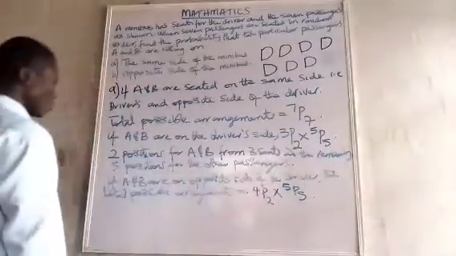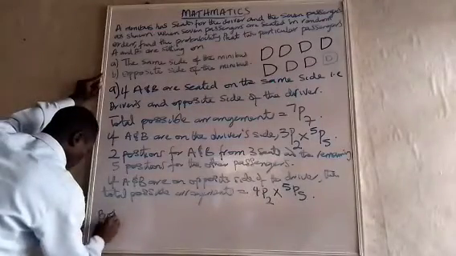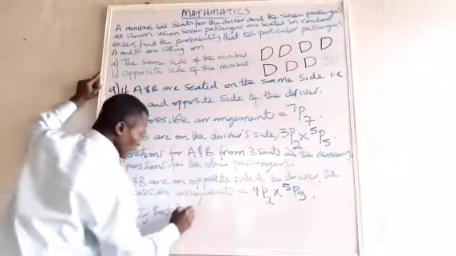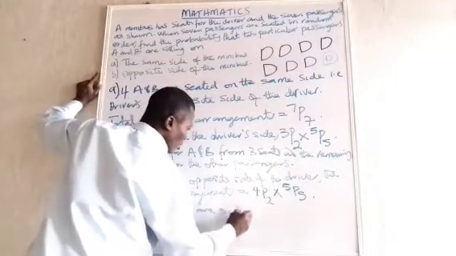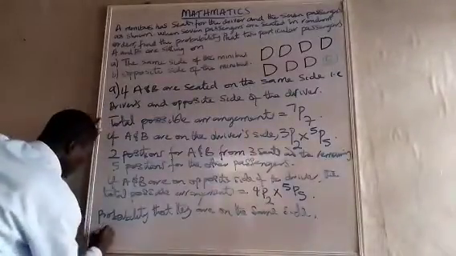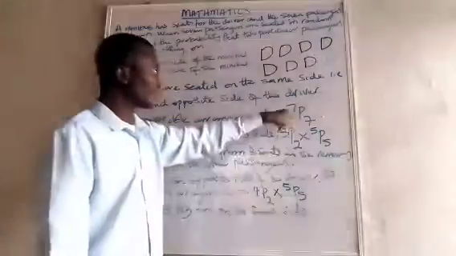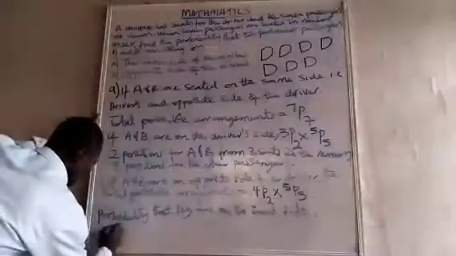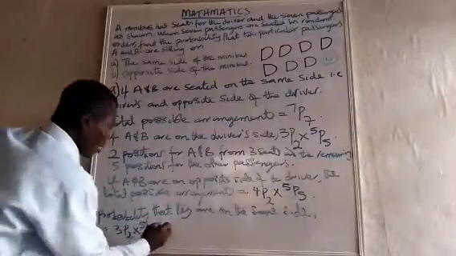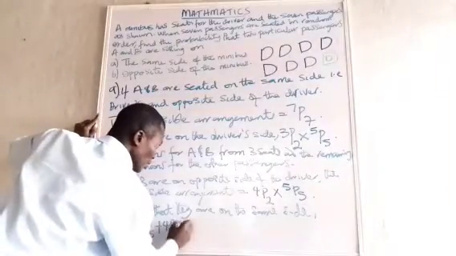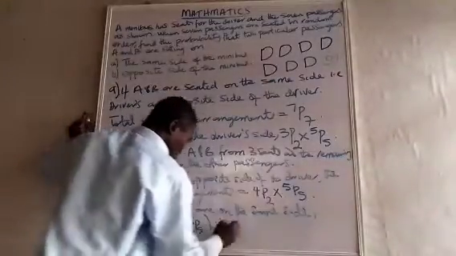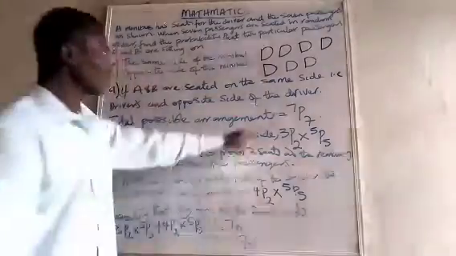So, the probability that they are on the same side will be equal to this one plus this one, divided by this. So it's going to be 3P2 times 5P5 plus 4P2 times 5P5, divided by 7P7, because this is the total possible arrangement.